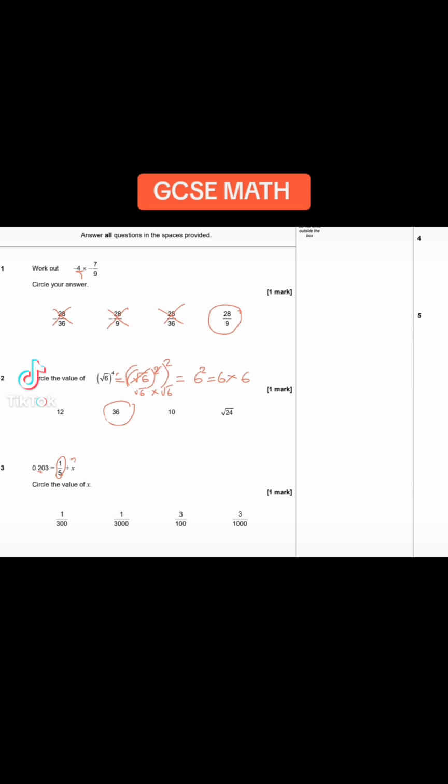If you do that, you would have 0.203 equals 1/5, which as a decimal is the same thing as 0.2, plus x, right?